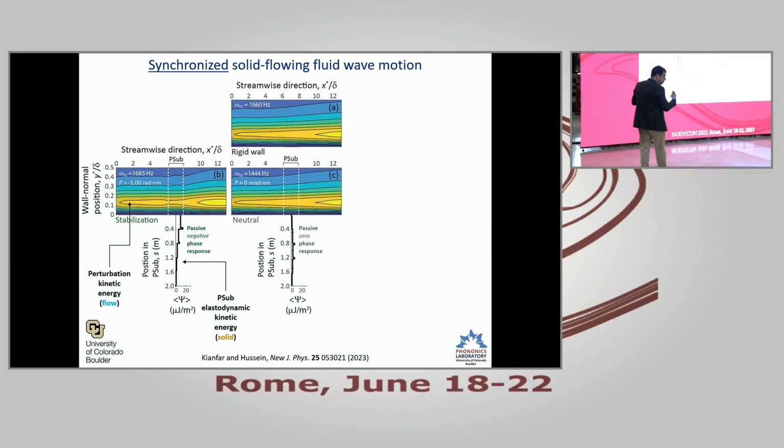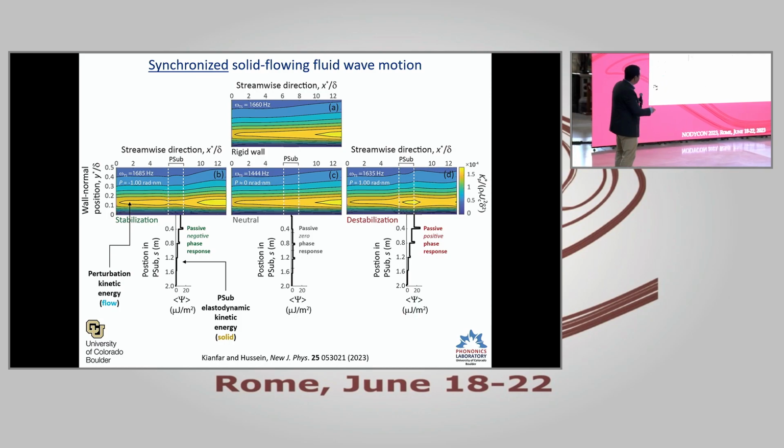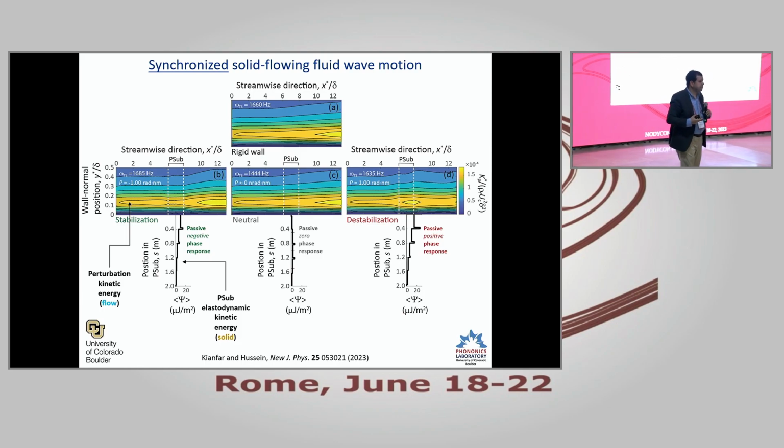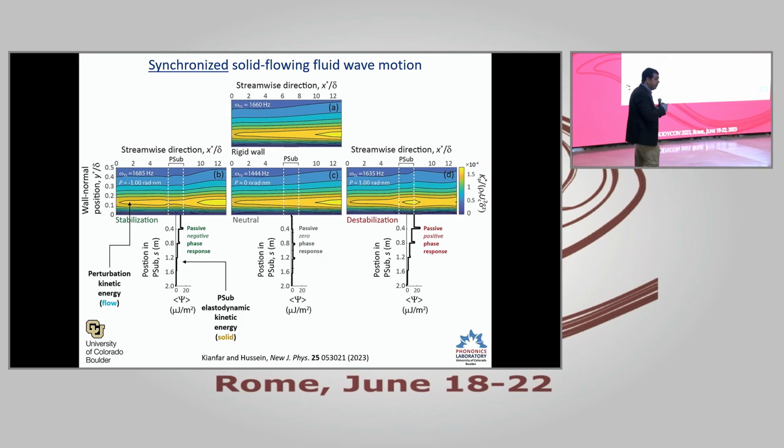Nothing is happening, which is reassuring. On the other hand, if you apply a destabilization case, you'll see that the energy exactly where the PSub is increases. So this is quite remarkable, I think, because it shows perfect synchrony between phased wave phenomena, between an elastic structure and the flowing fluid.